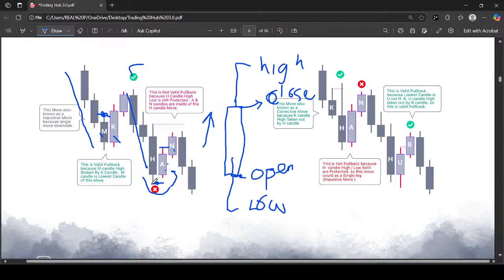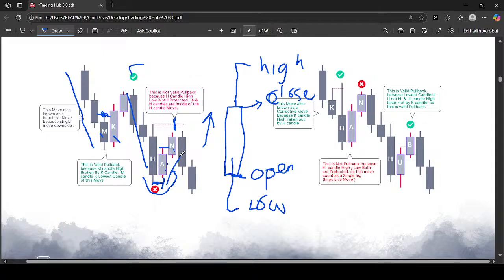Now, when A candle comes in, A candle didn't bother to take out the low of H candle. This is on candlestick basis now. And on the other side of it, A candle or N candle did not take out the high of H candle. So in this case, we don't have a pullback.